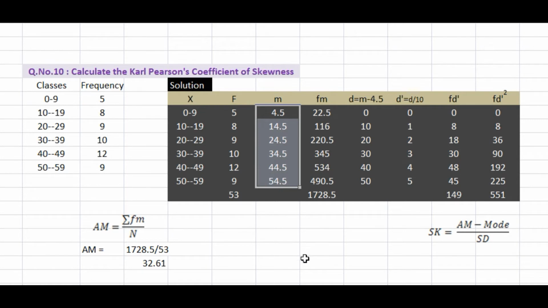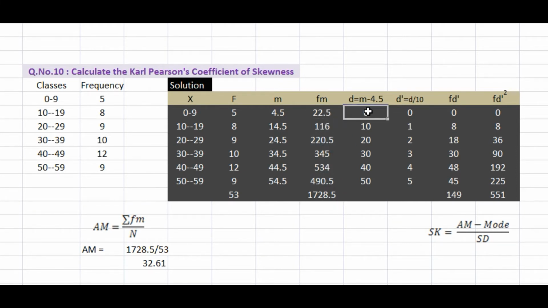Do the same, and you will get M up to 54.5. Then what is fm? 5 into 4.5, 8 into 14.5, 9 into 24.5, 10 into 34.5. You will get these numbers, and its total is fm. Clear?